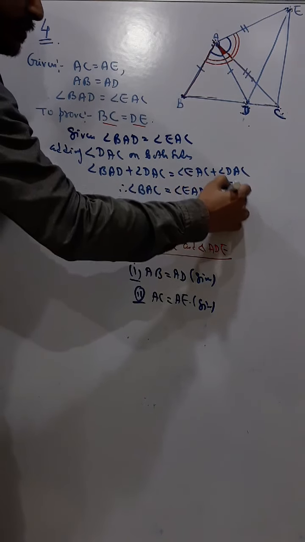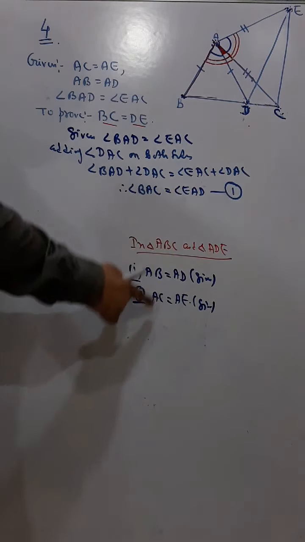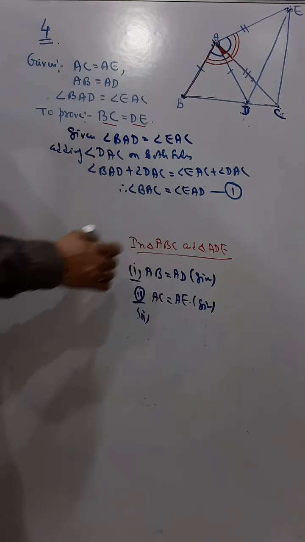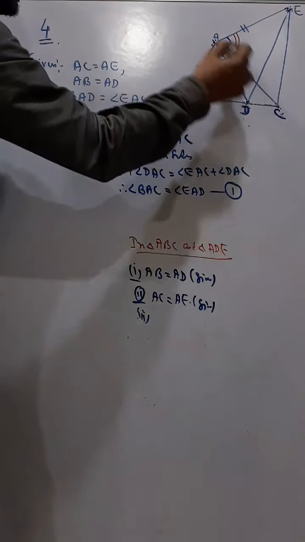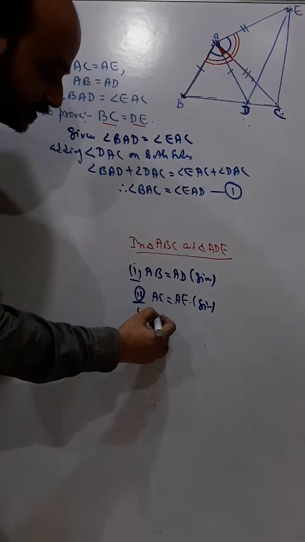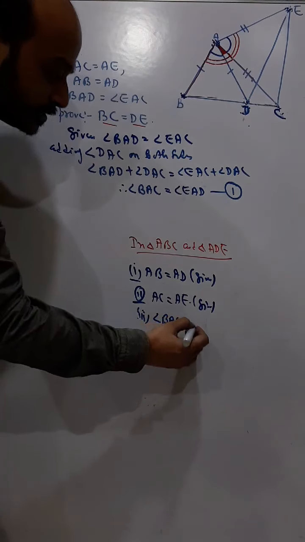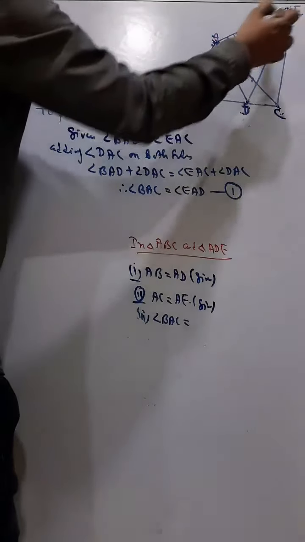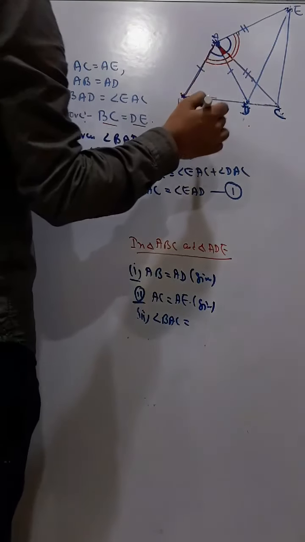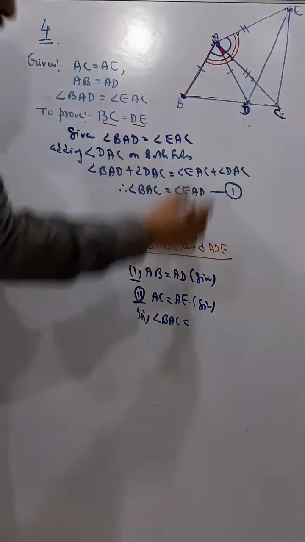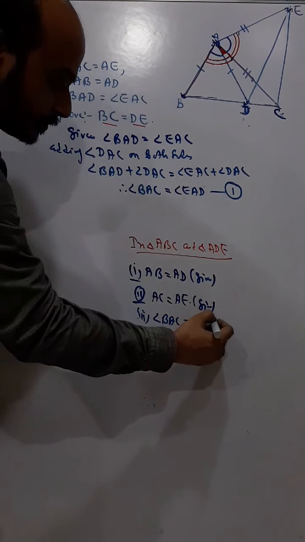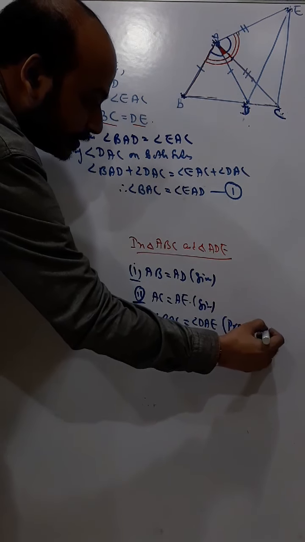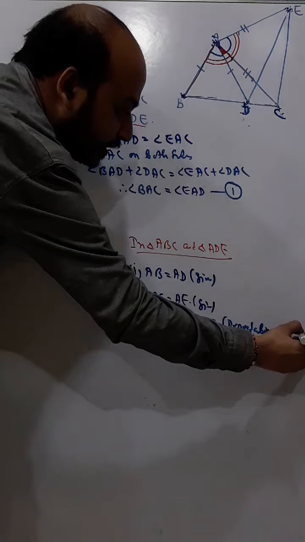So now this one I can mark 1, and now this point I can use as the third point. We already got 2 points, and now I can say that in triangle ABC, angle BAC, and in triangle ADE, angle DAE, that means this angle, are equal, and I can say it is proved above in number 1.